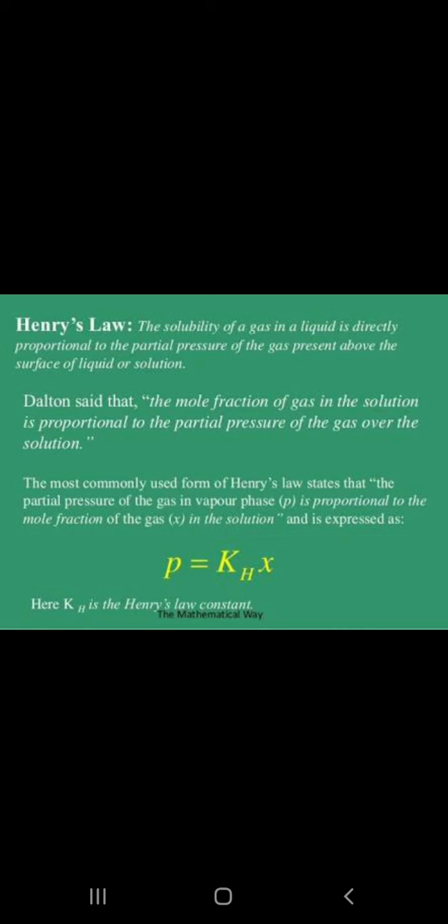In mathematical form, p is directly proportional to x, so p is equal to kH into x, where kH is a constant known as Henry's law constant. p is partial pressure, x is mole fraction, and kH is the Henry constant.